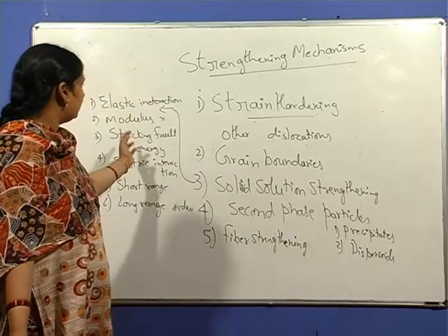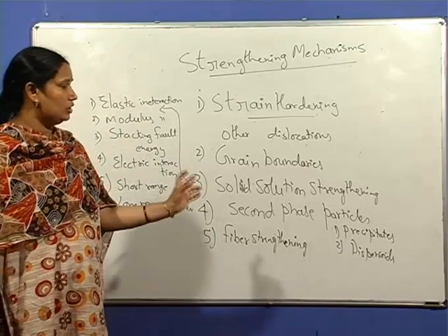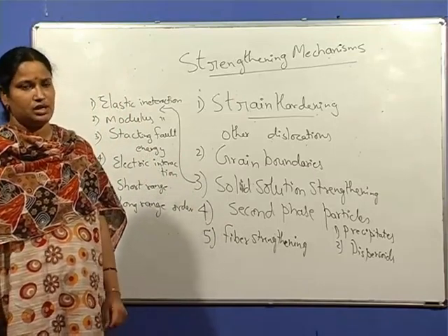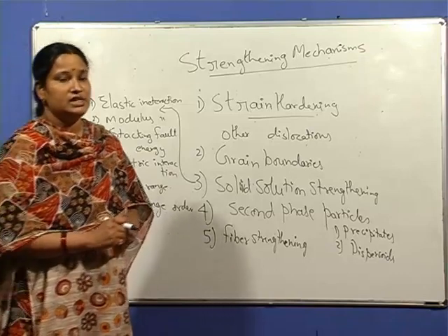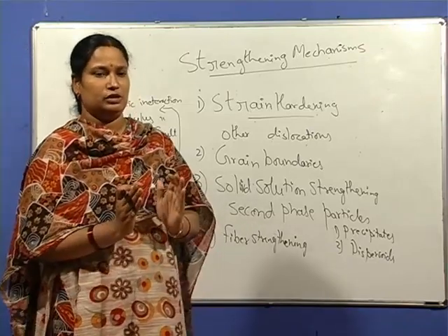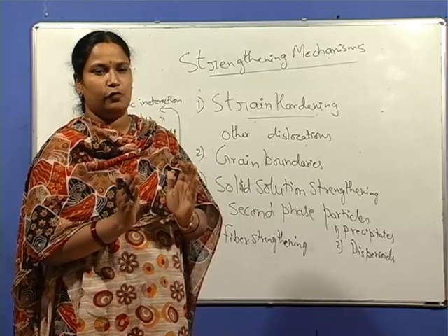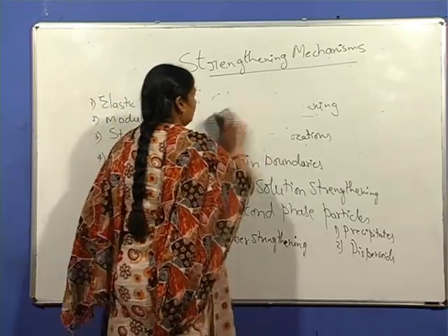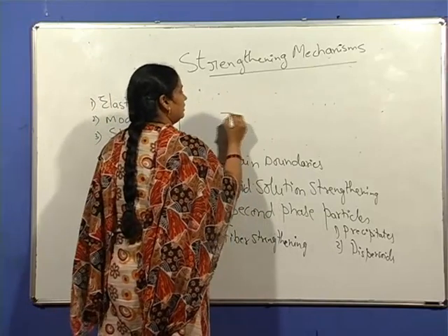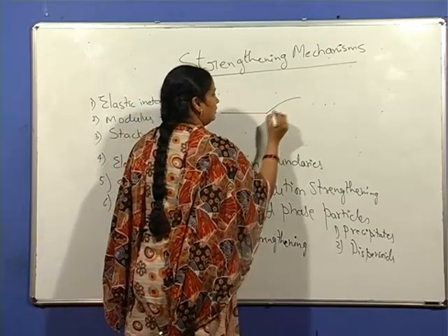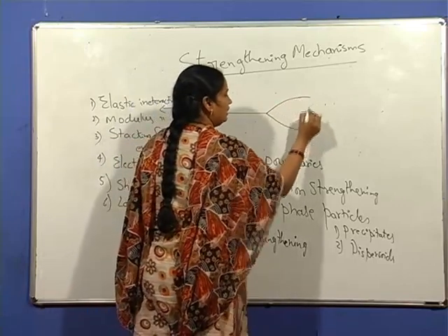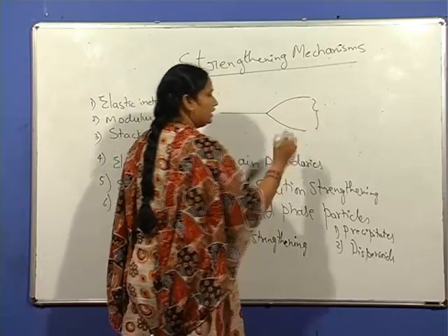The third type of strengthening in solid solution strengthening is stacking fault energy. Solute atoms segregate into the faulted region of the extended dislocation. An extended dislocation looks like this: two partial dislocations, and in between there is the faulted region.